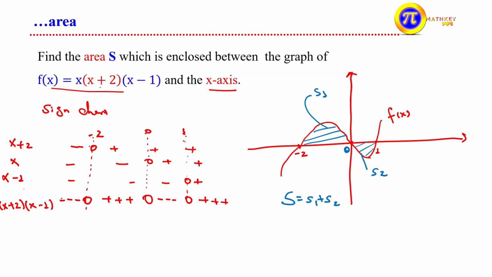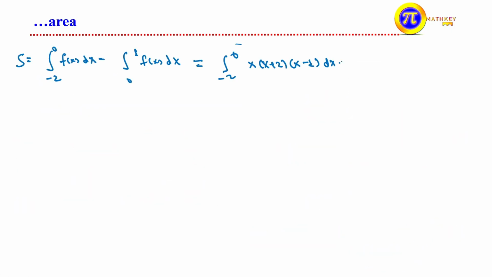The product of x square plus twice x, times x minus 1: x square times x is x cube, x square times minus 1 is minus x square, 2x times x is 2x square, and 2x times -1 is minus 2x. Then take their sum: x cube, and collecting like terms, minus x square plus 2x square gives plus x square.